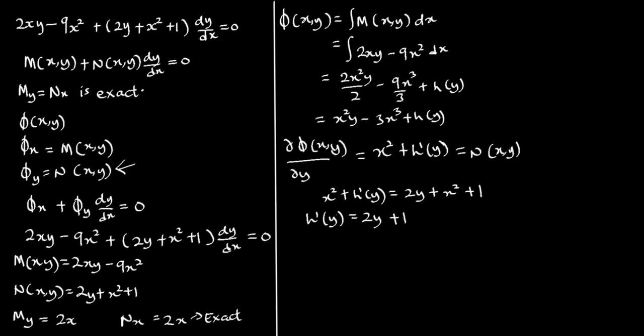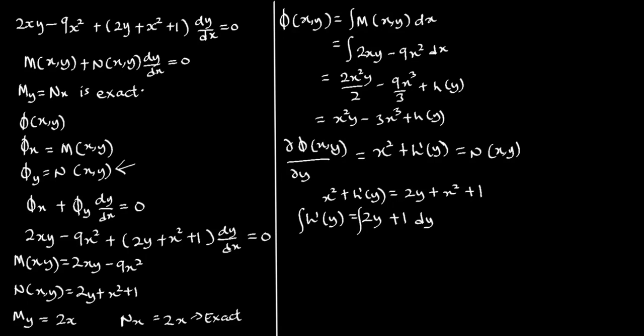But we actually want to find h of y, so we will have to integrate this with respect to y. At this point, the function you get after the comparison must not contain the variable x. It must contain only y, so that you can integrate with respect to y.